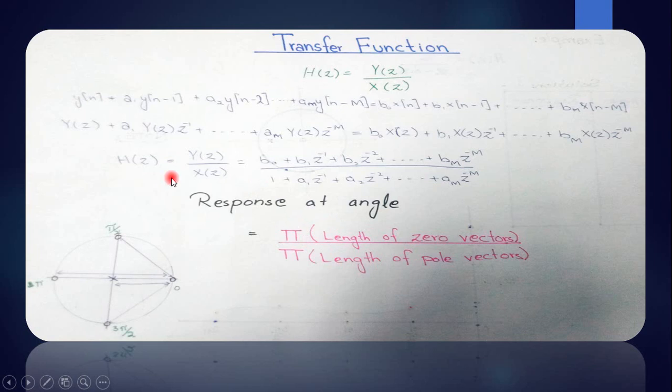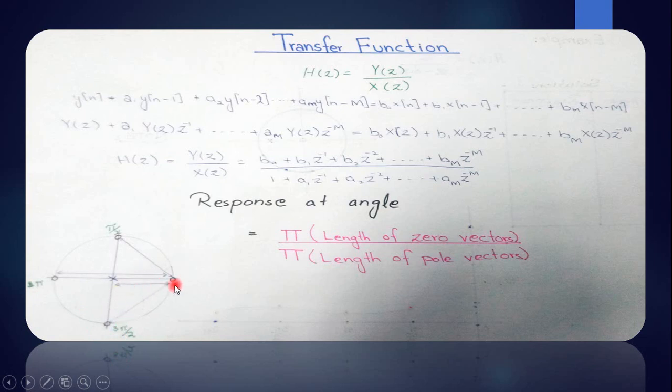So if we want to find the response at any angle and we are given the transfer function, we will follow this formula: the length of zero vectors divided by the length of pole vectors. Suppose we are given this pole zero plot, this is a zero, this is a pole. Here is 0, here is pi by 2, here is pi, and 3 pi by 2.